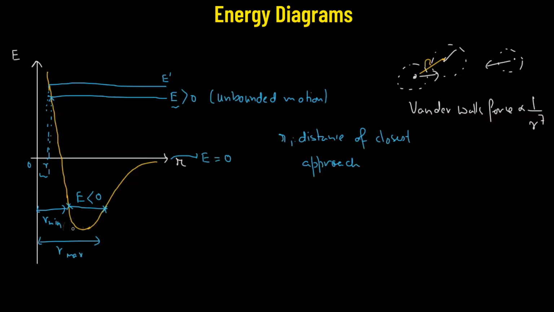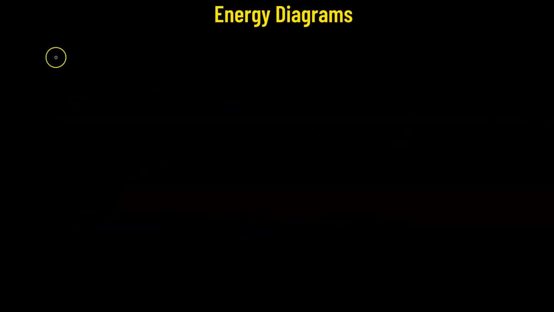So now that we have understood the energy diagrams for 3 systems, the harmonic oscillator, the central force system, and a 2-body diatomic atom, now we are well equipped to understand the effective potential for a central force motion.